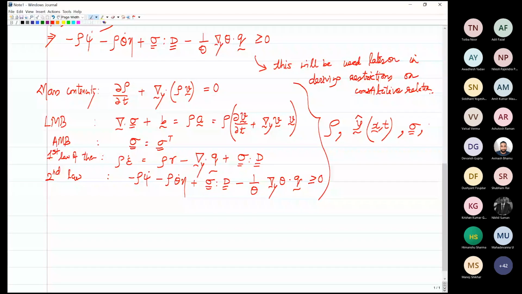So these are all the unknowns, which are obviously more than the equations that we have. And that's why we need a constitutive relation.